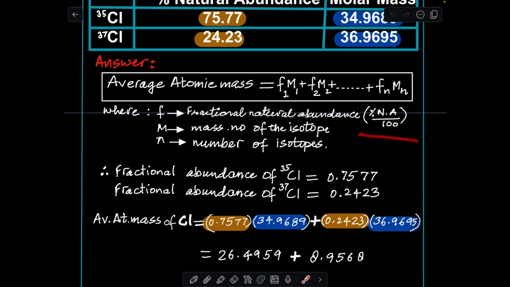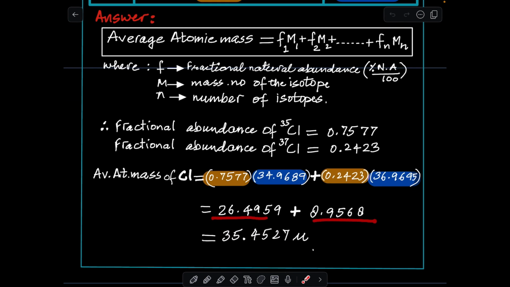Now the average atomic mass of chlorine is calculated as the fractional abundance of the first isotope multiplied by the molar mass of the first isotope, plus the fractional abundance of the second isotope multiplied by the molar mass of the second isotope. So we will get these values, and therefore the average atomic mass of chlorine will be 35.4527 unified mass units.